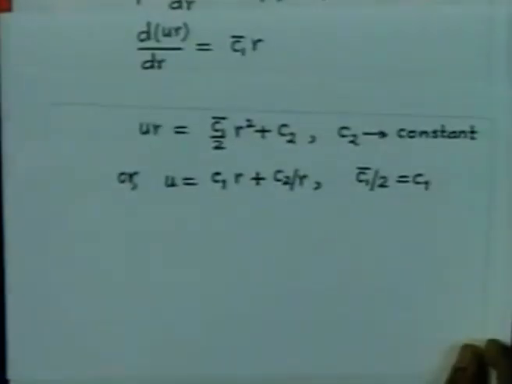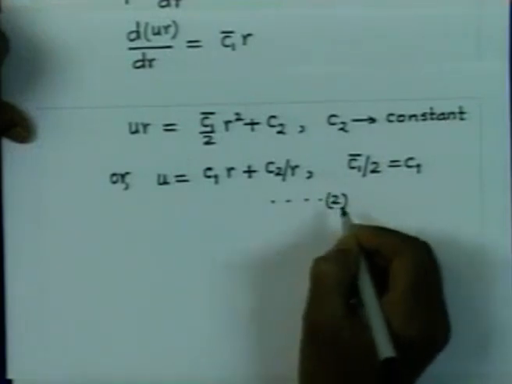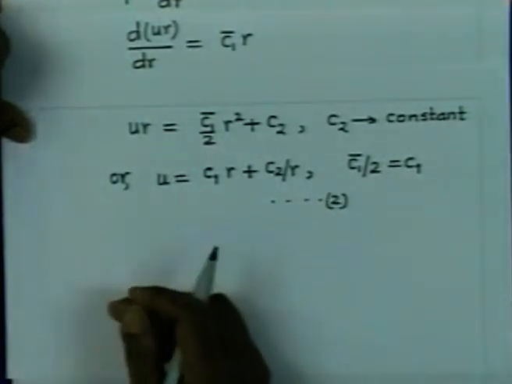So, this is the displacement variation with radius. Let us consider that relation to be 2. We do not know the constants C1 and C2.